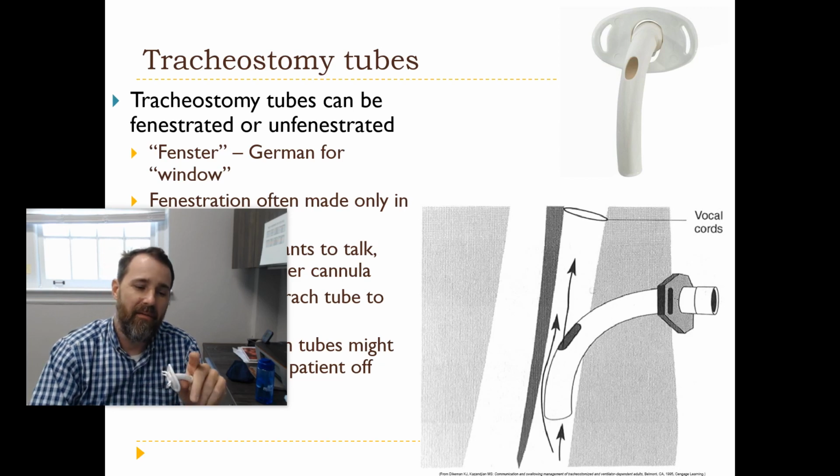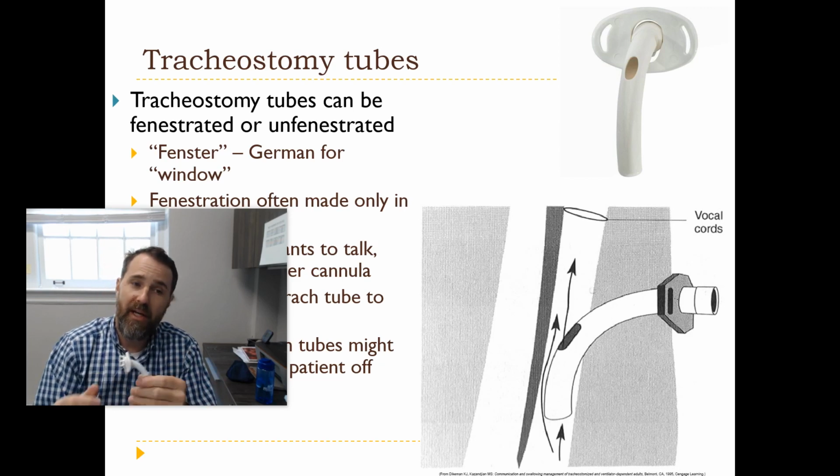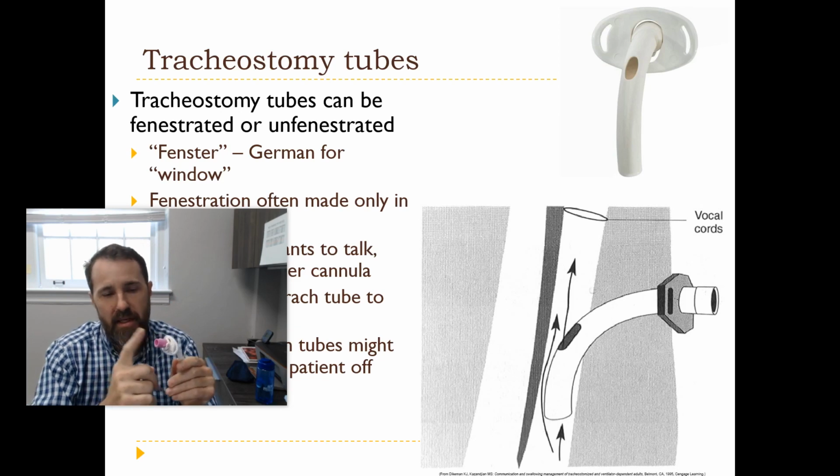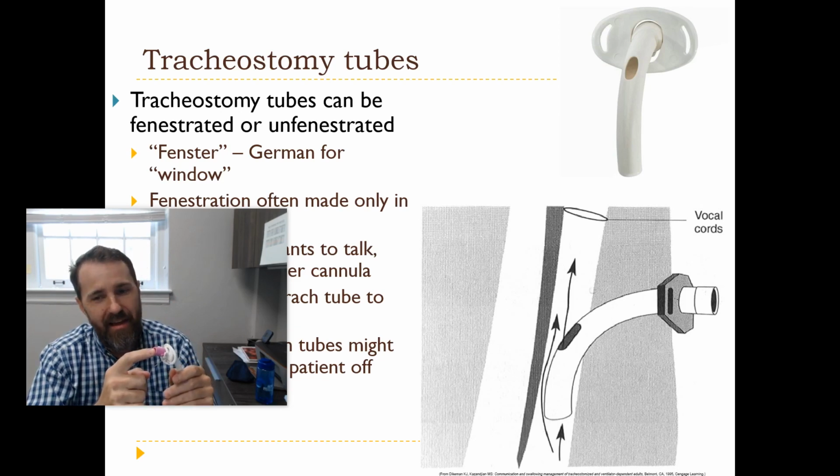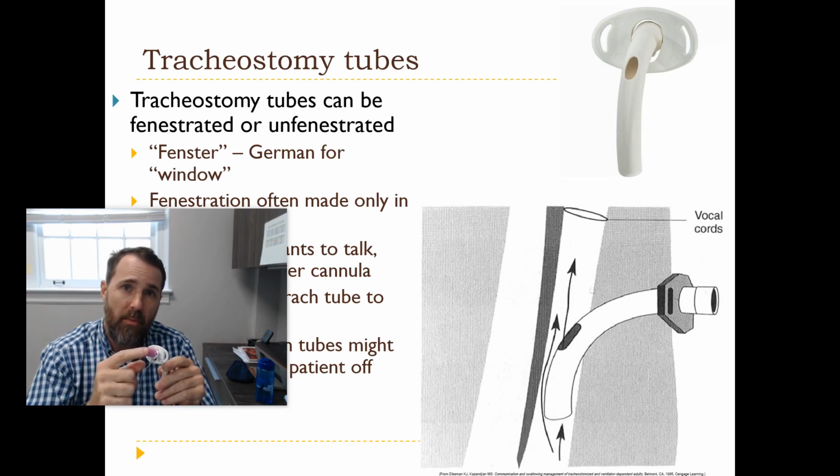So in the case of a fenestrated outer cannula, you could have an inner cannula that is not fenestrated. And when it is placed in, then the air is going to be directed much more strongly in and out of the tracheostomy tube.